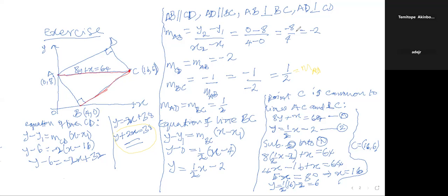Check the sign very well. It should not be plus x. Check it very well. It should be 2y minus x. Oh, yes, sorry sir. Minus x, yes. Have you confirmed that? Yes, sir.